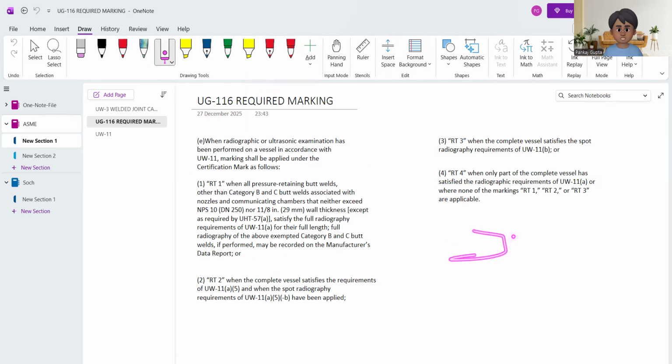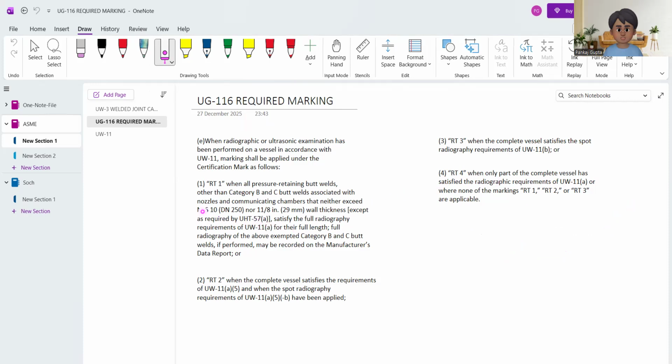So it's a butt weld joint. As you know, butt weld joints are in the circumferential seam and the long seam. Both places have a butt weld joint. We can see clearly, this is the major portion. So if we are doing full radiography on the circumferential seam and the longitudinal seam, then it will fall under the RT1 category.